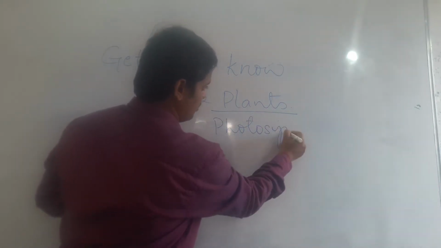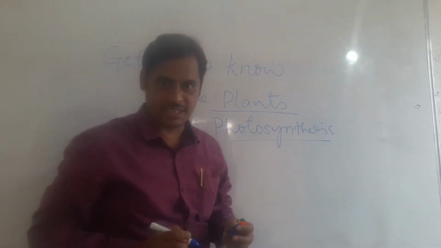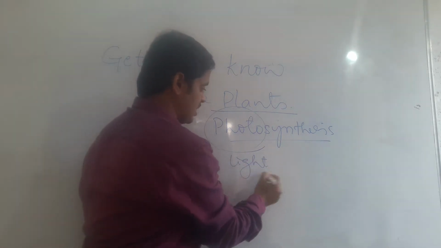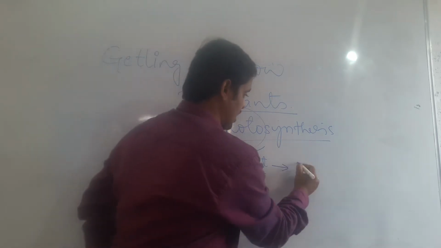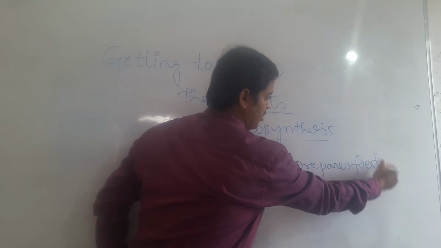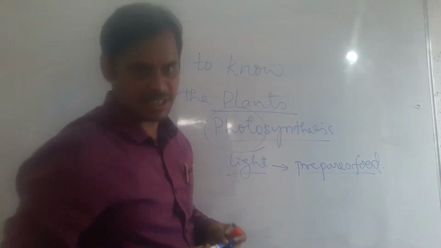What is that? Photosynthesis. Photo means light, and synthesis means preparation. So by using light, the plant prepares food. This process is called photosynthesis.